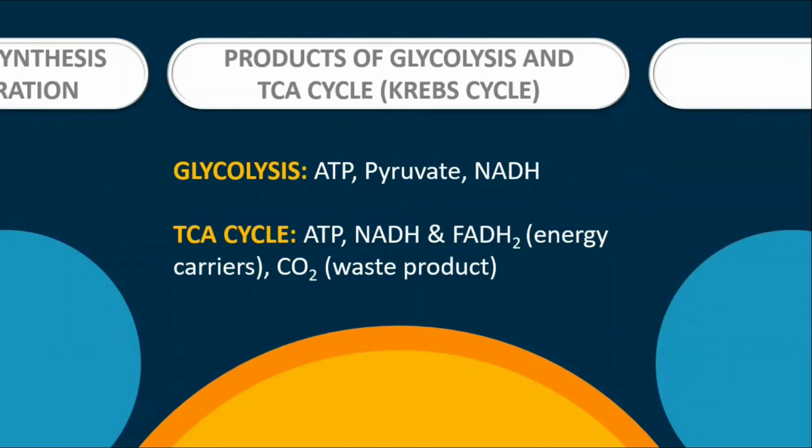So we can say that the TCA cycle will not happen if glycolysis does not happen first in cellular respiration. For the products of these two, for glycolysis we have ATP, pyruvate, and NADH, while for the TCA cycle, the output will be ATP, NADH, and FADH2 as the energy carriers, and CO2 as the waste product.